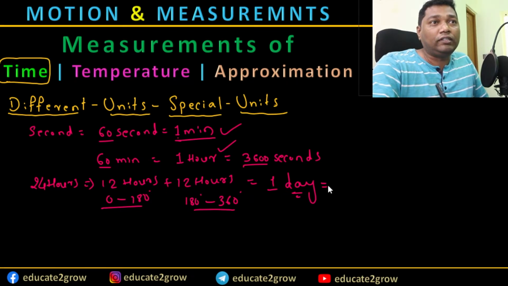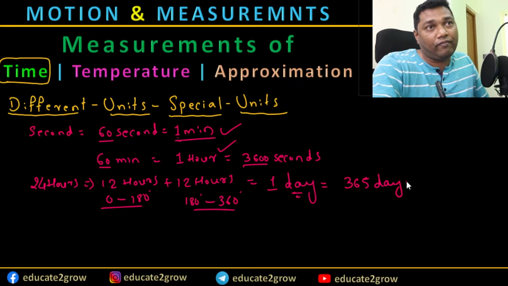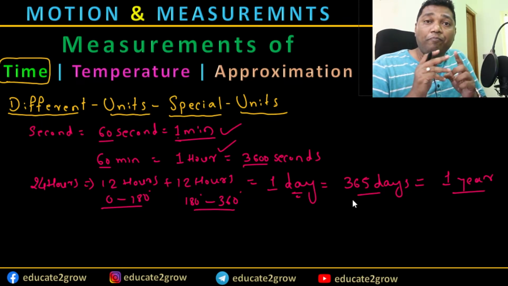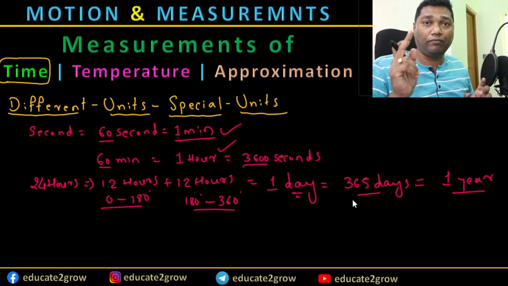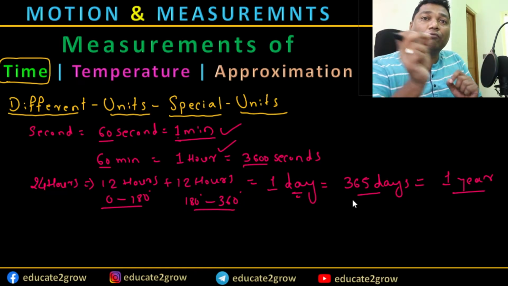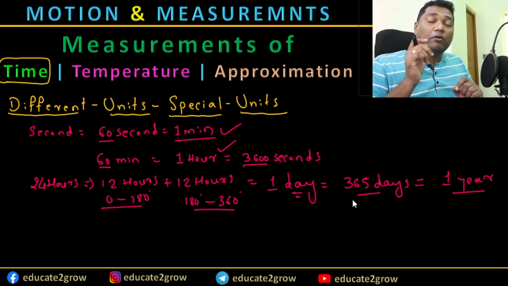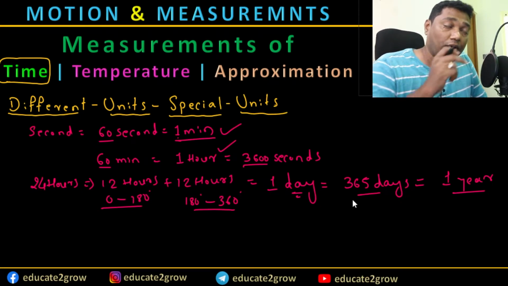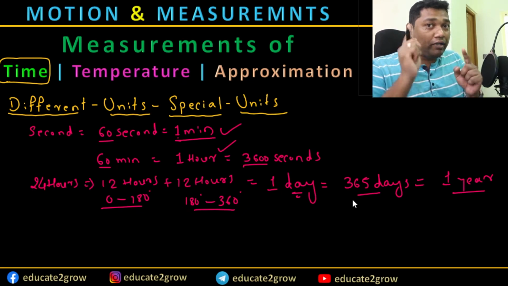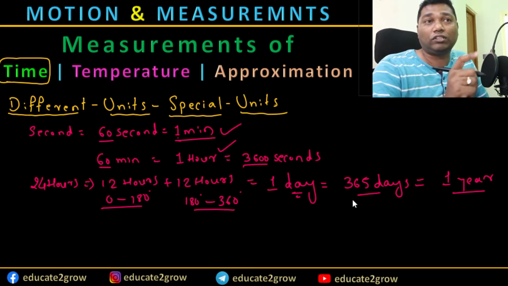Like this, if 365 days complete, it becomes 1 year. In the 365 days, the Earth revolves around the Sun, while also rotating on itself. So there are two movements: one is the Earth's movement on itself, and the other is around the Sun.